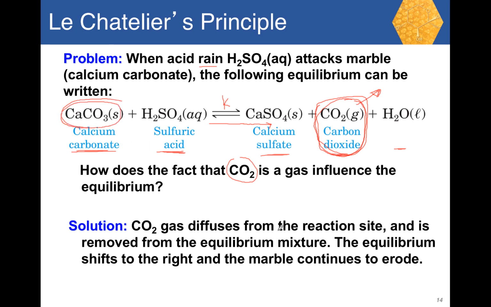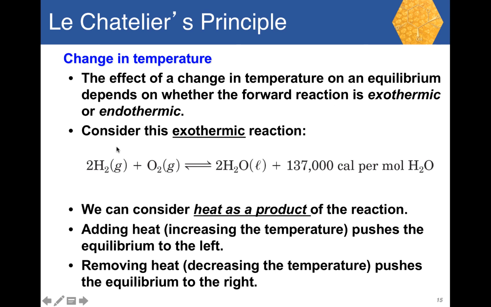So this is the conclusion, that carbon dioxide diffuses from the reaction and equilibrium is shifted to the right and continues to erode the marble or the stone. So that's a practical example of Le Chatelier's observation, known as Le Chatelier's principle.